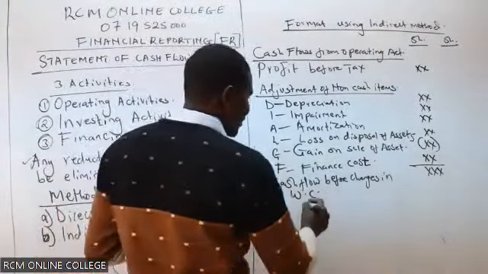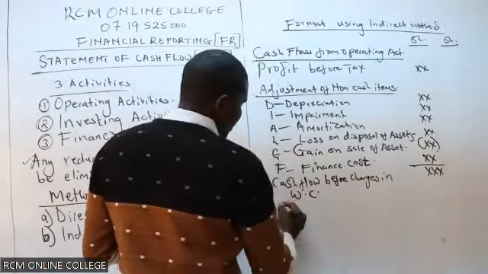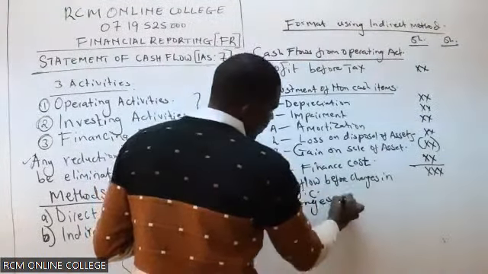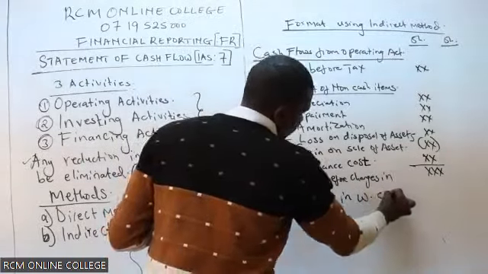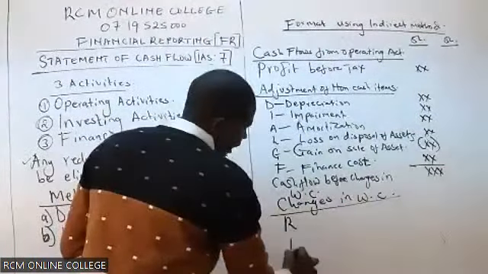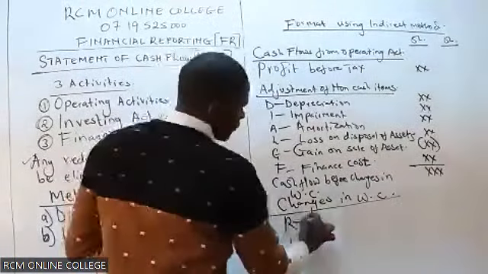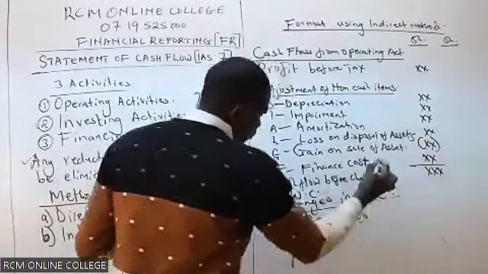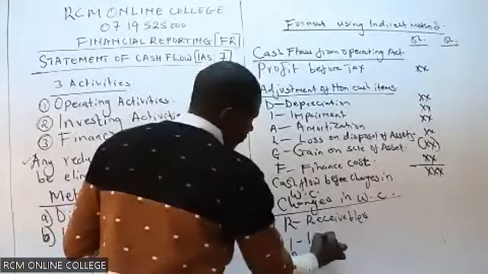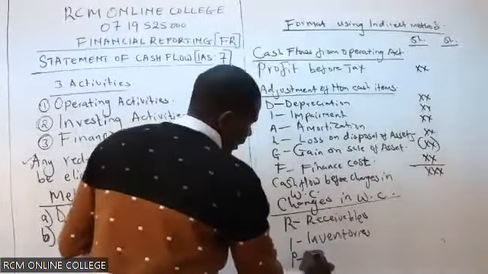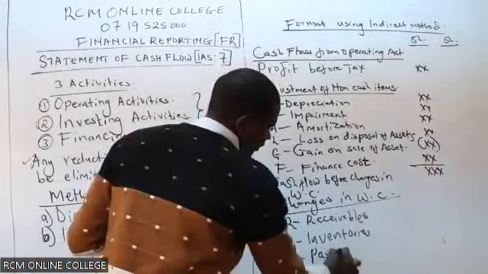Mko darasani kweli. So in this case, we're going to look at changes in working capital. For you to identify the changes, we can use the acronym LEAP. Receivables, inventory, and payables, as you have given me.